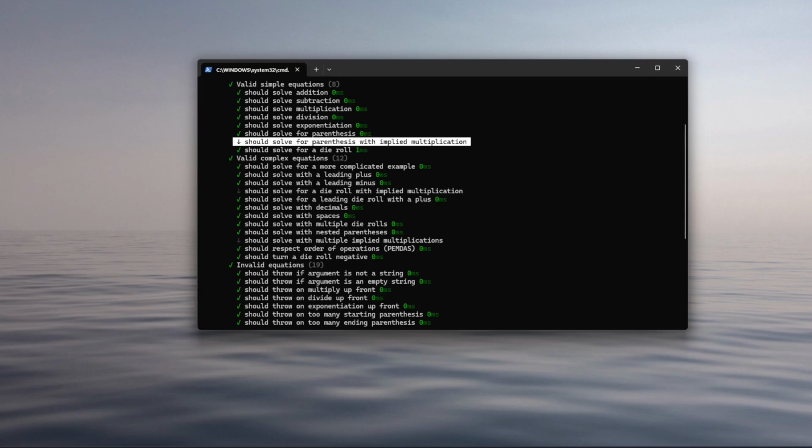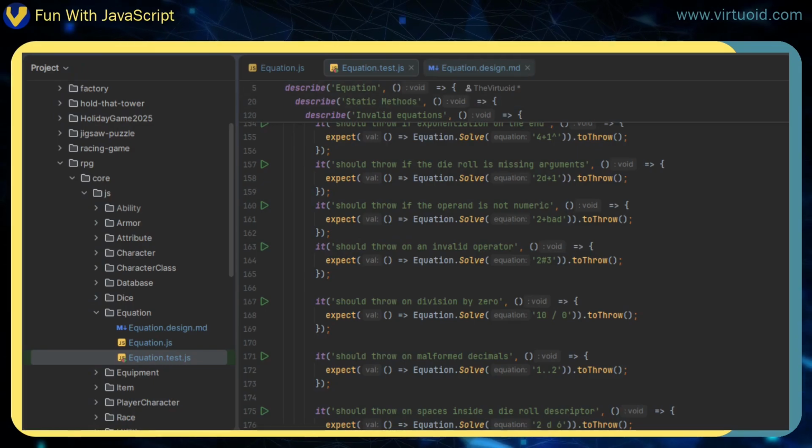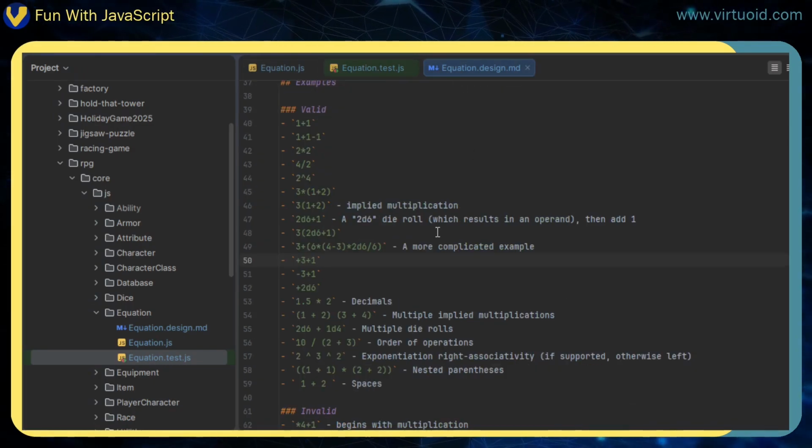Let's take a look at the code, and I want to show you why I've done that. Let's go to the design. The implied multiplication here is an equation that looks like this: 3 parentheses 1 plus 2. There's an implied 3 times parentheses 1 plus 2 there. I don't solve for that yet because I decided, no, let's force everybody to be very, very exact with their equation.